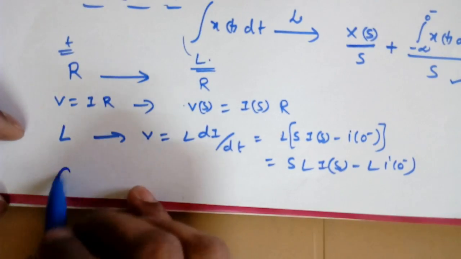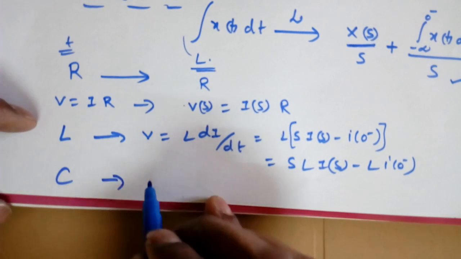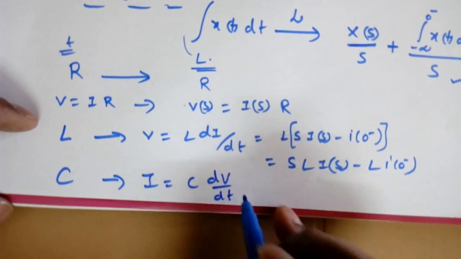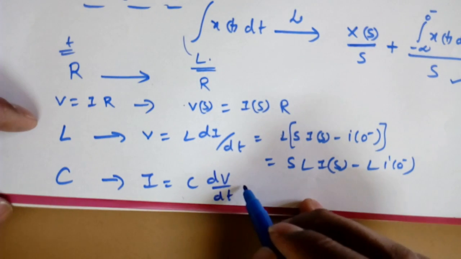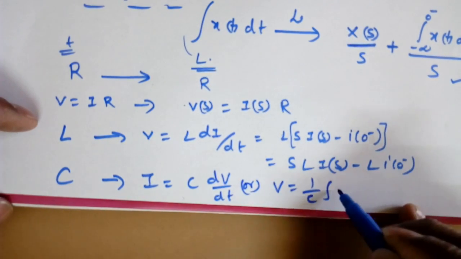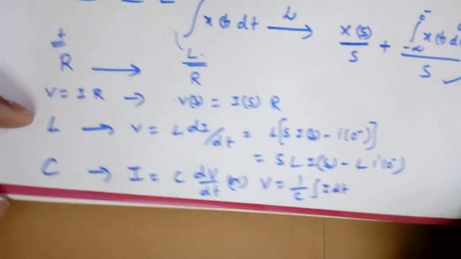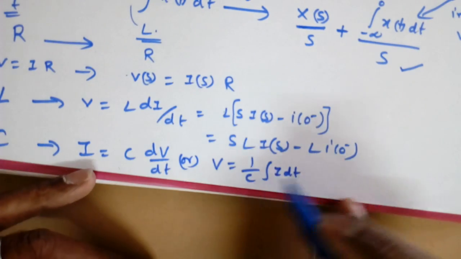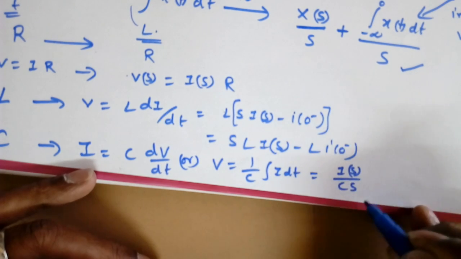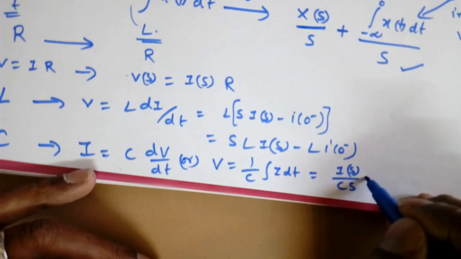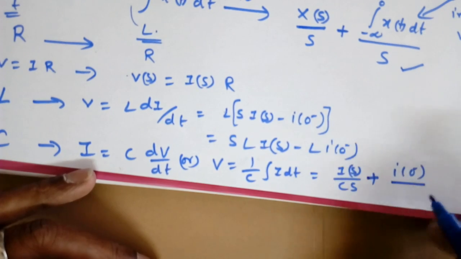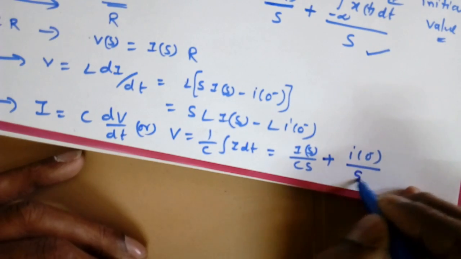Similarly, for a capacitor C, I is equal to C into dV by dt. So V is equal to 1 by C integral of I dt, because here we have found the voltage. So it will become I of s by Cs plus I of 0 minus by s.